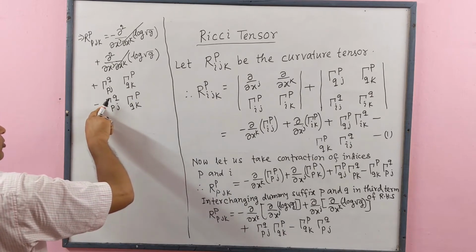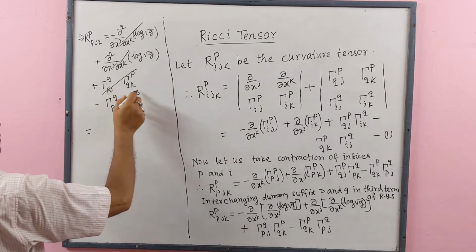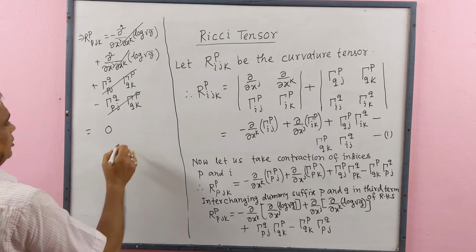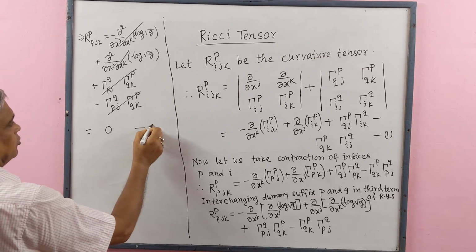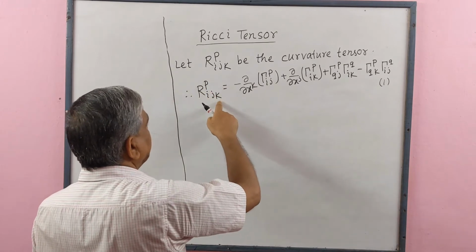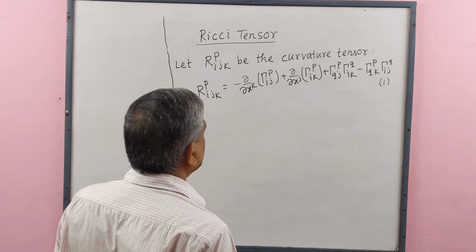Here we have negative terms, so this and this term will cancel, so this equals 0. This is number 2. Since curvature tensor R^p_{ijk} equal to this is number 1.